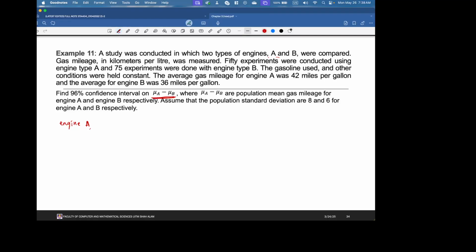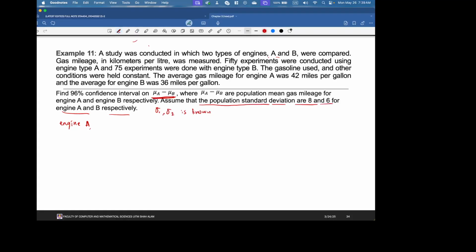And they say to assume the population standard deviations, so this is the information given to us. Assume that the population standard deviations are 8 and 6 for engine A and B. So this is an example where both standard deviation 1 and standard deviation 2 are known.